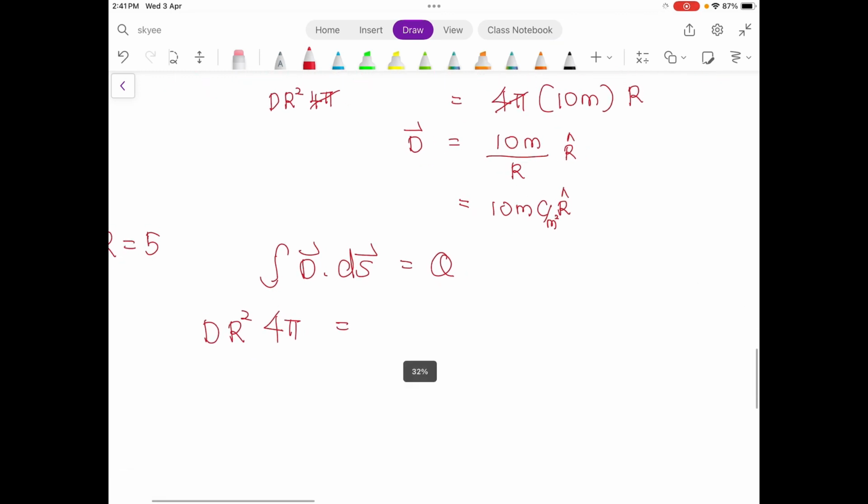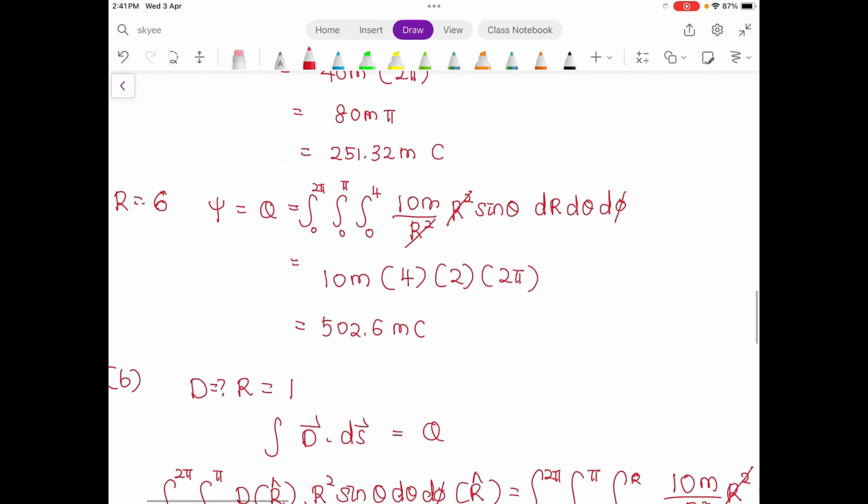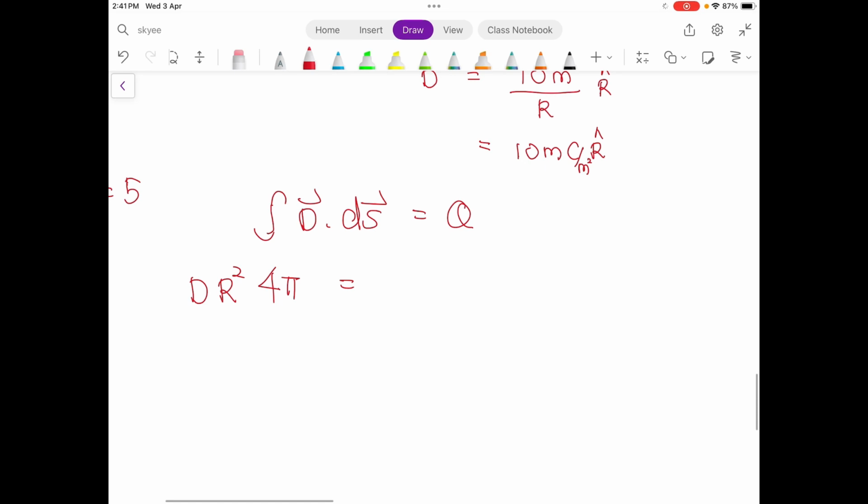And for the other side, you can just utilize this part that you got just now, because the maximum will be until 4 only. So 502.6 millicoulombs.